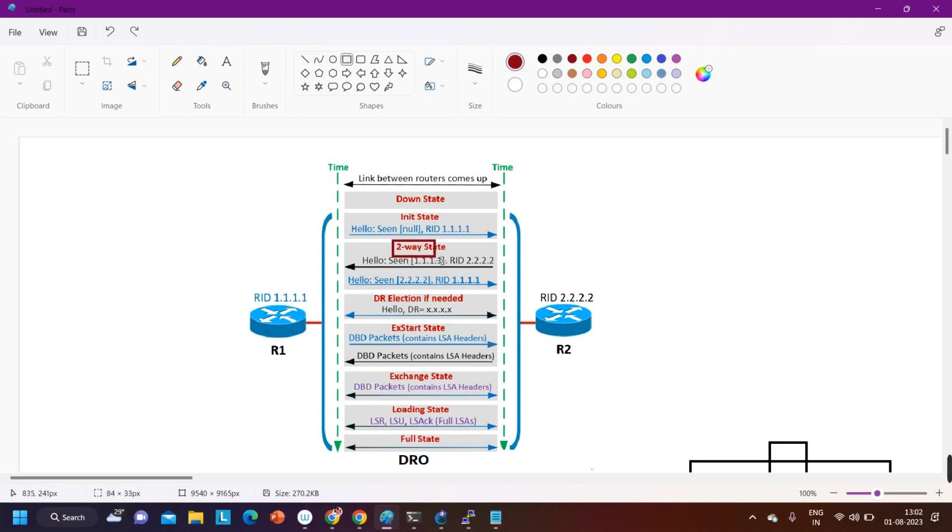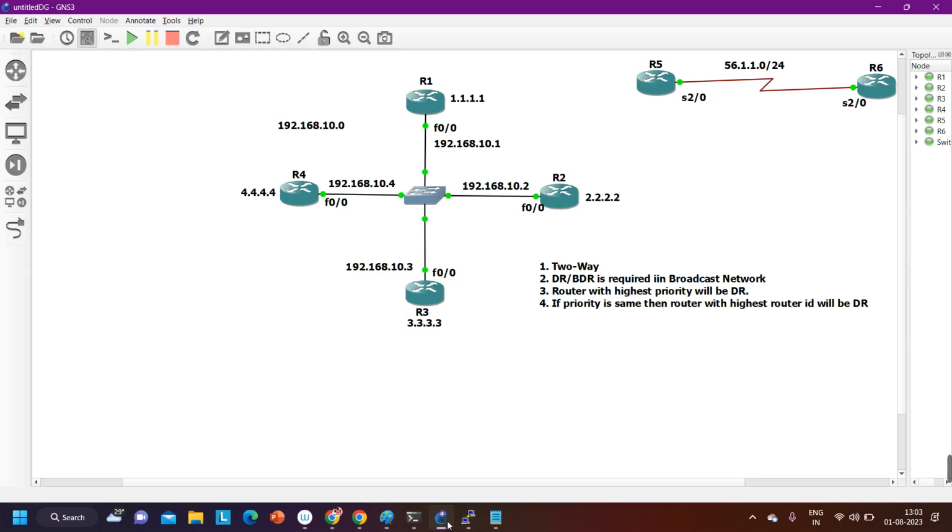What I am saying is that in the two-way state, DR and BDR election is going to happen. That's it.